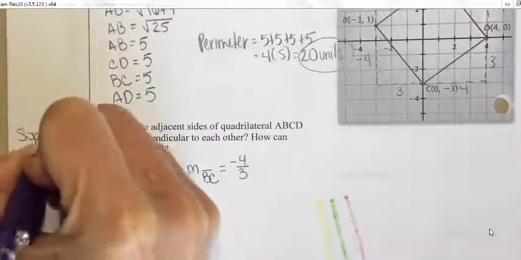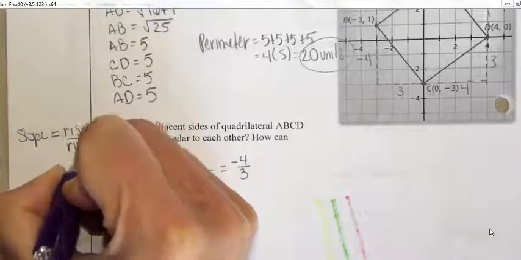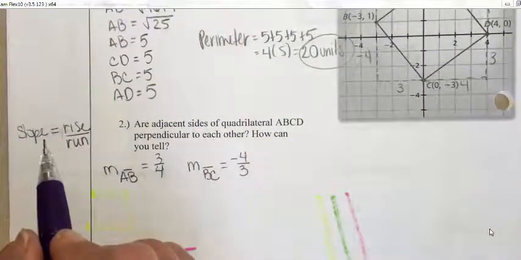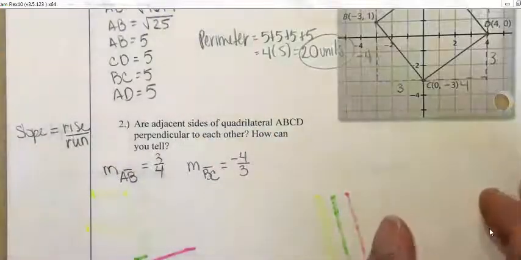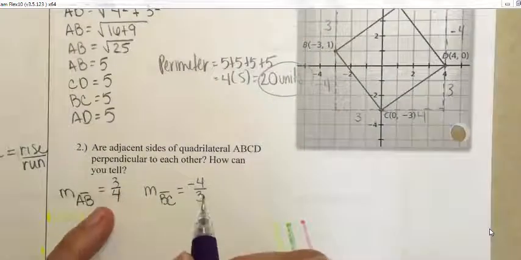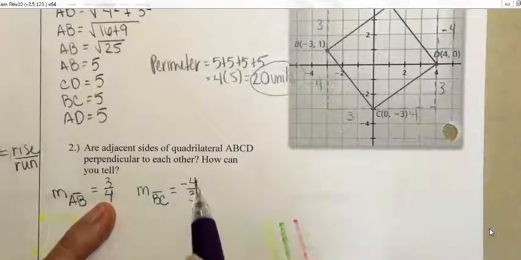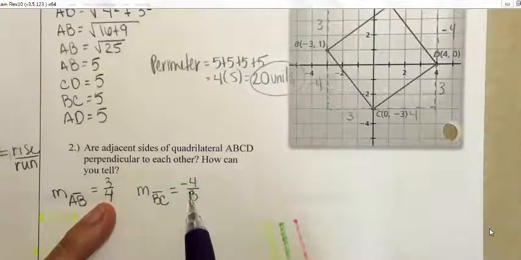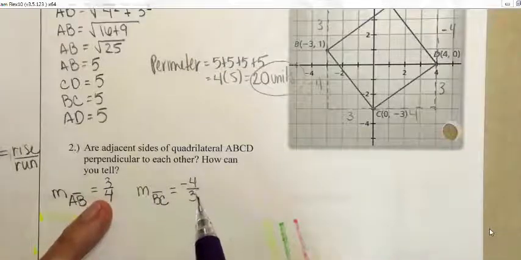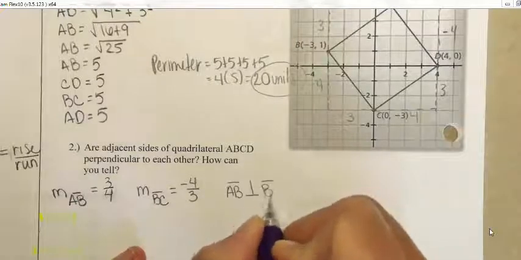Slope is equal to rise over run. Slope is very important in math. It actually is the backbone of calculus. So right now, we're just doing some calculus is all we're doing. Pretty cool. All right. So what can we tell here? If I take segment AB slope and segment BC slope and I compare them, I notice that they're opposite because this one's positive and this one's negative, and they're also reciprocals, right? So I know that segment AB is perpendicular to segment BC.